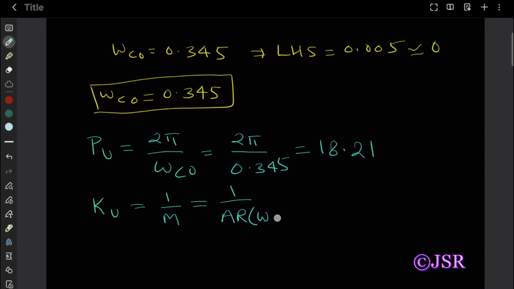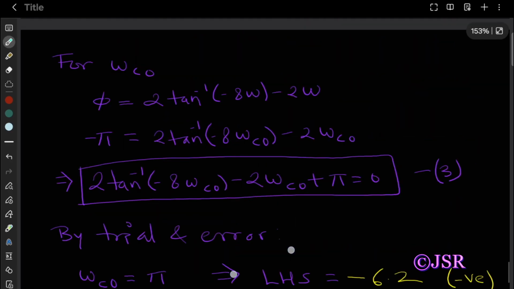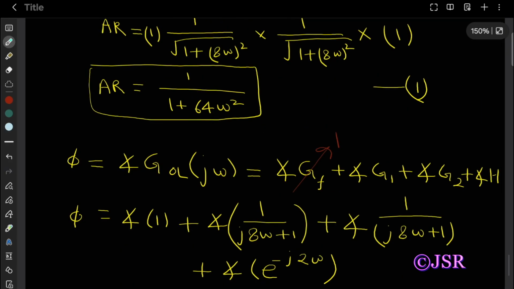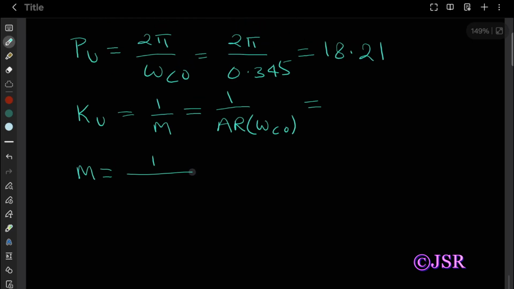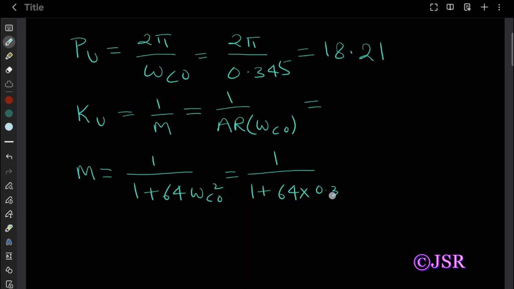First calculate M. M can be calculated from expression 1, where AR equals 1 upon 1 plus 64 omega square. So M will be equal to 1 upon 1 plus 64 omega CO square, that is 1 upon 1 plus 64 into 0.345 whole square.